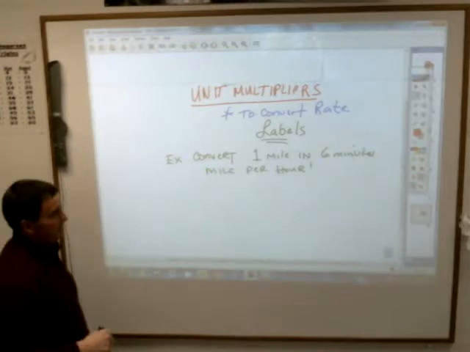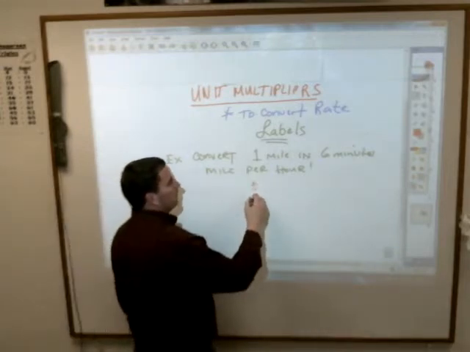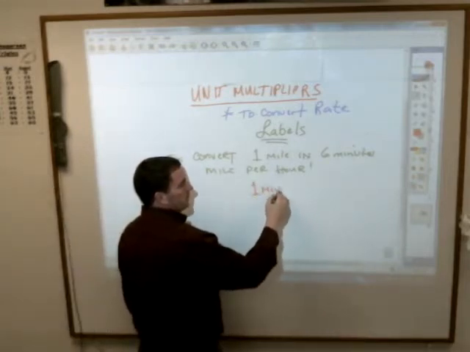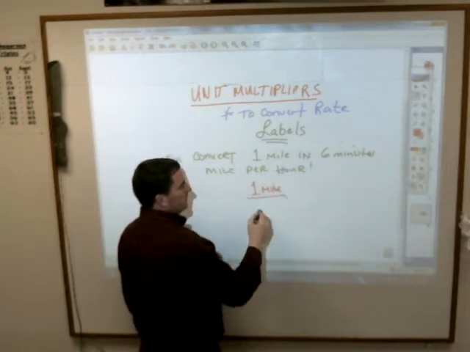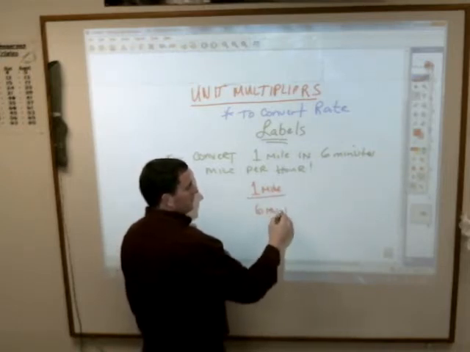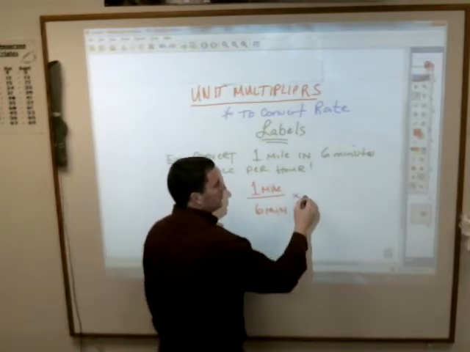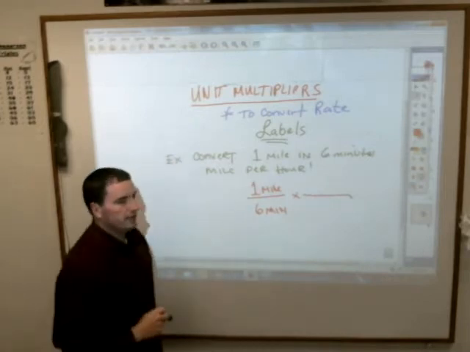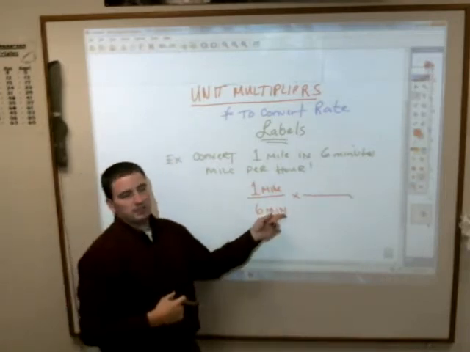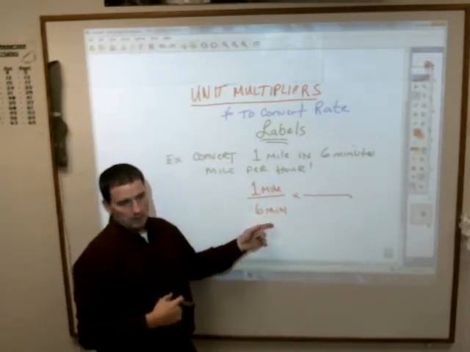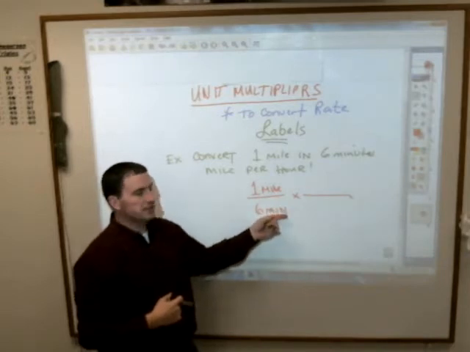Well, the deal with that is this is a ratio. You have 1 mile in 6 minutes. And I want to change it. I'm going to multiply that by the unit multiplier that's going to convert this label from minutes into hours.